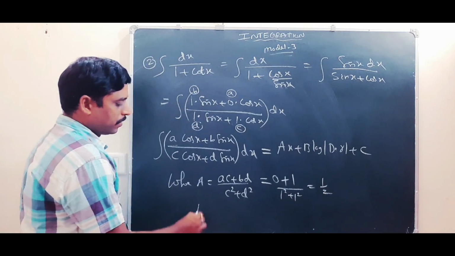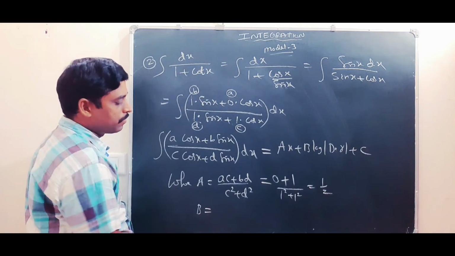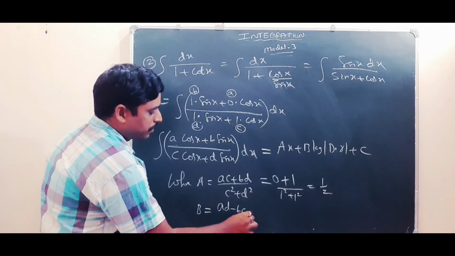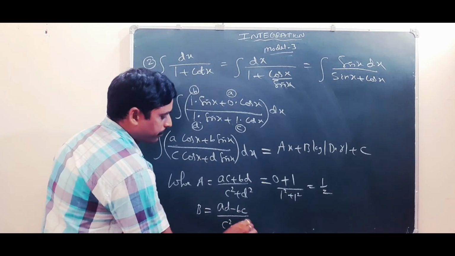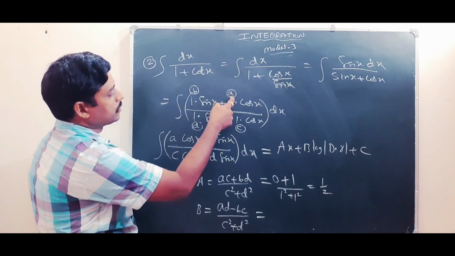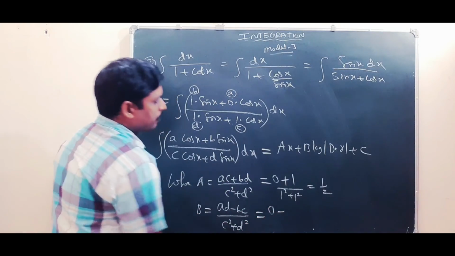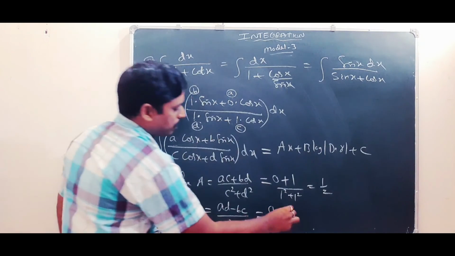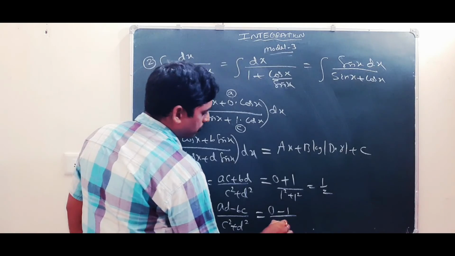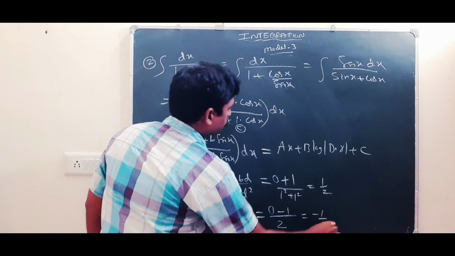And the b value is ad minus bc by c square plus d square: ad is 0 into 1, which is 0, bc is 1 into 1, which is 1, by c square plus d square value 2. So this is minus 1 by 2.